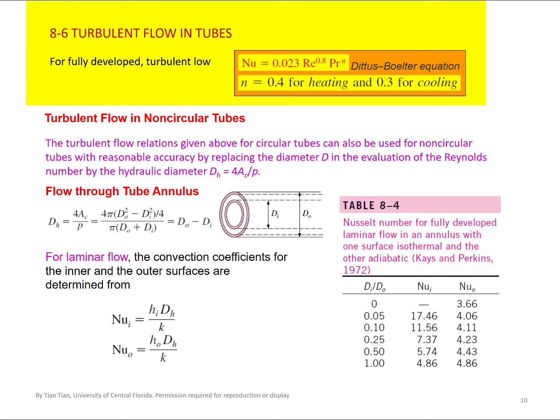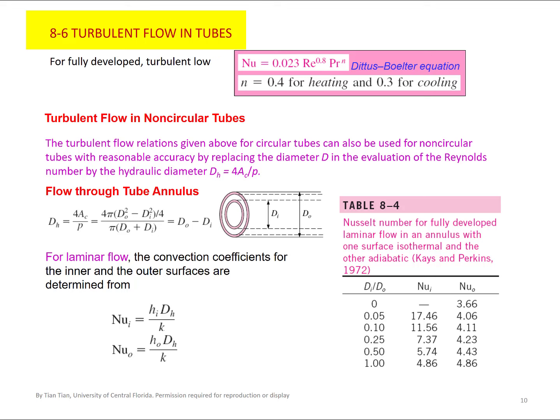Does it make sense? Remember, for turbulent flow, it's easy to reach fully developed flow, as long as the length of the pipe is 10 times larger than the diameter. So in engineering, more often we encounter fully developed turbulent flow, in contrast to developing turbulent flow.